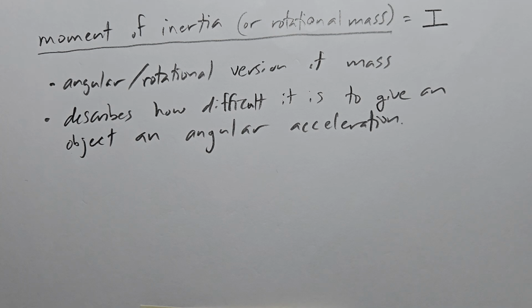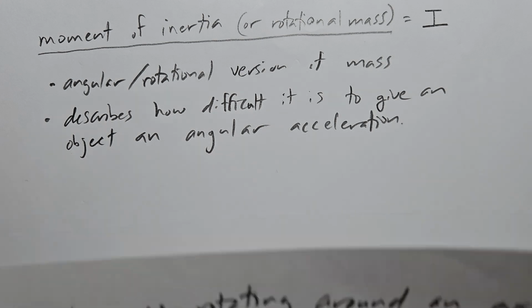And we've already seen one of the equations for this. It turns out it's a little messier. The equation for moment of inertia depends on the geometry of the object and how it's rotating.